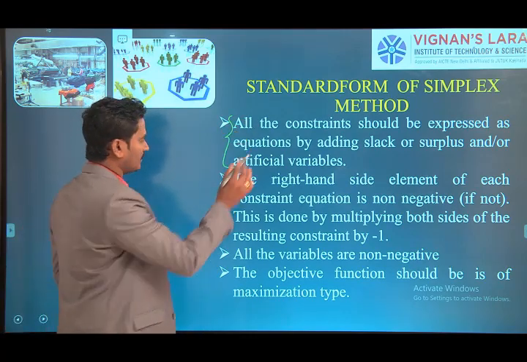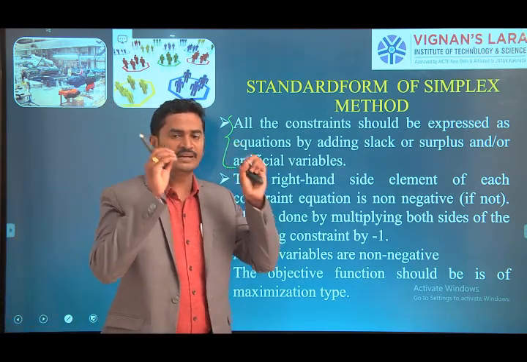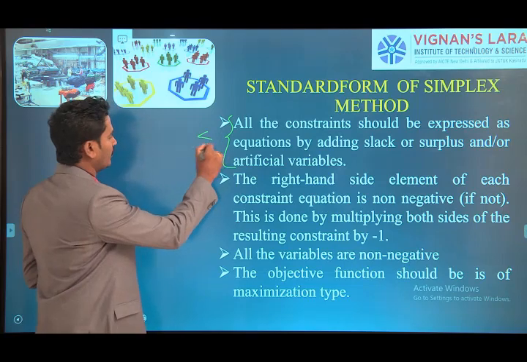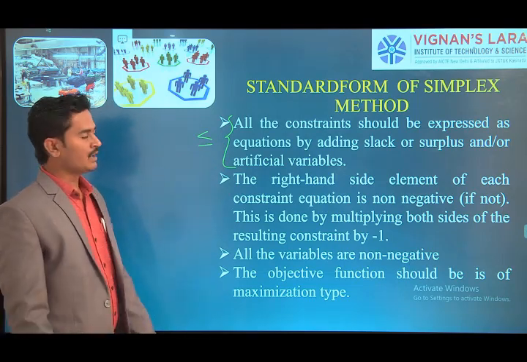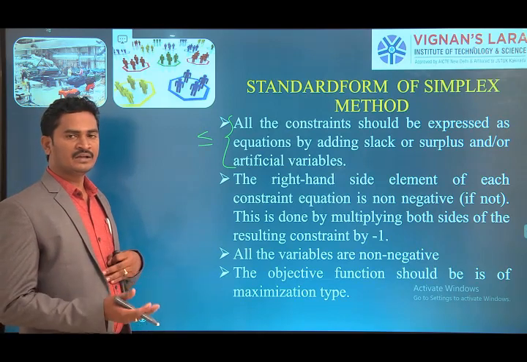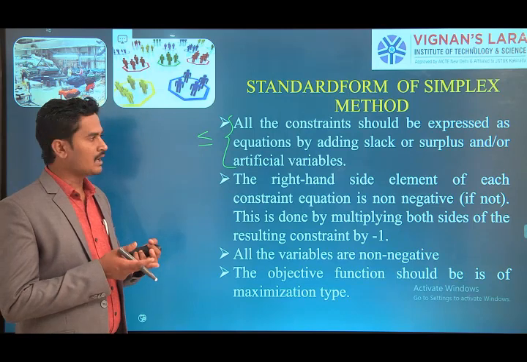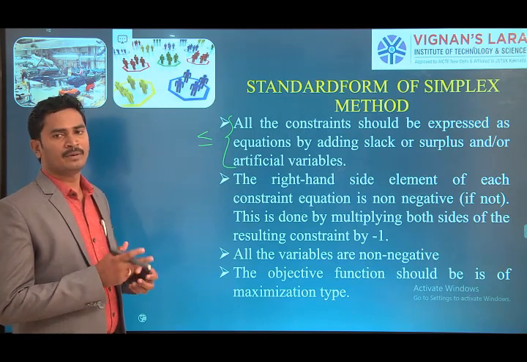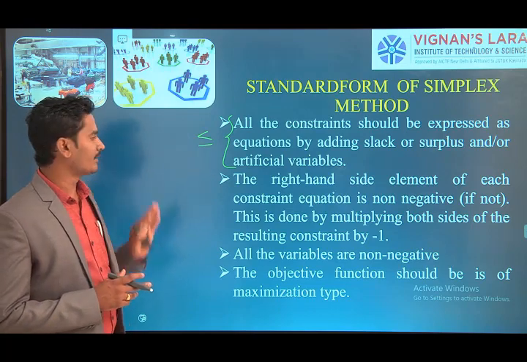All the constraints must be of less than or equal to type. When we have a less than or equal to type constraint, only then is the simplex possible. Otherwise, we convert it by adding slack variables, surplus variables, or artificial variables, or by multiplying by -1.